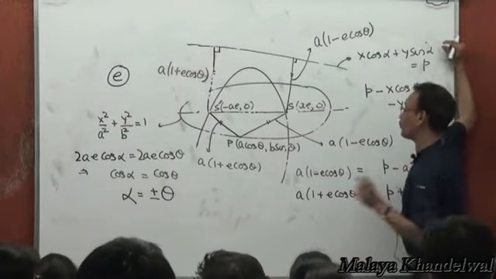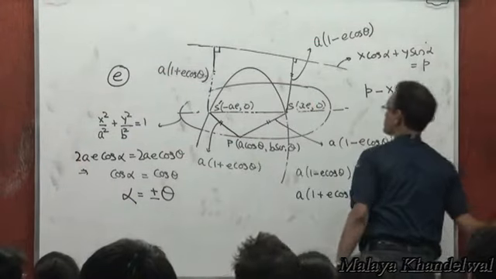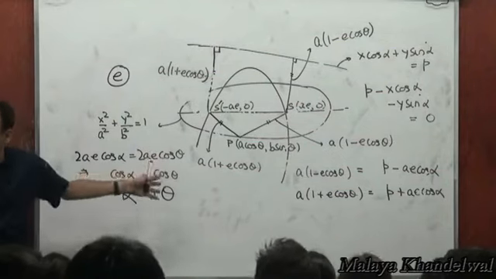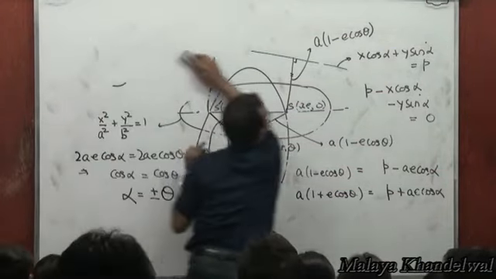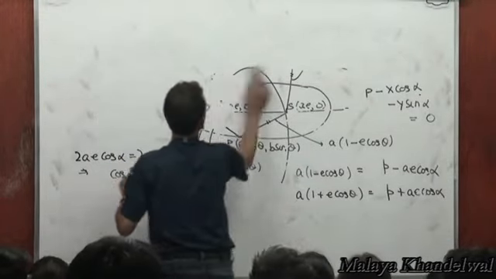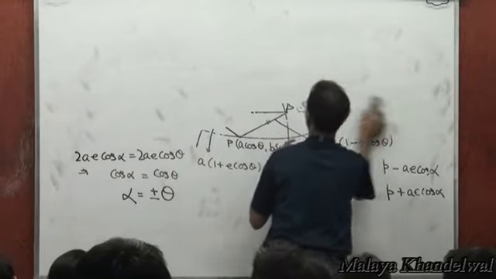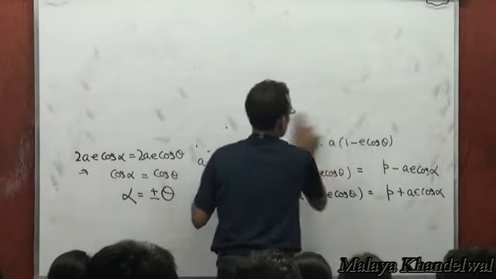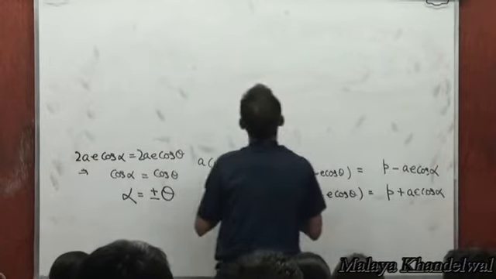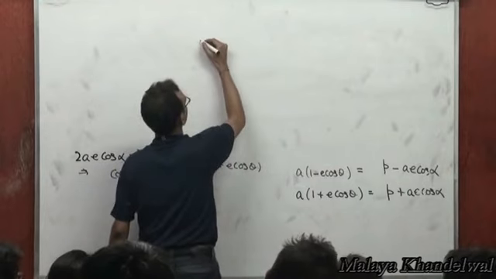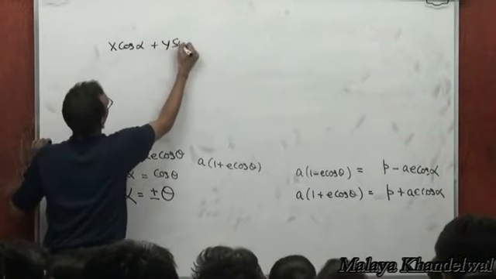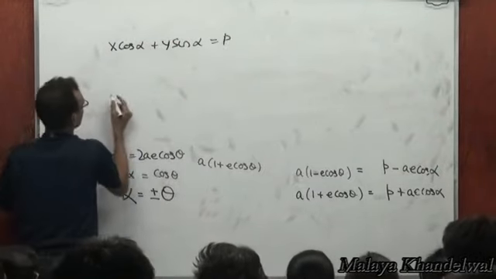Does it sound alright? Now, once we have this in place, can I remove this clutter and do the last bit on this problem? Look, when I write a line like x cos alpha plus y sin alpha equal to p, what is implied?